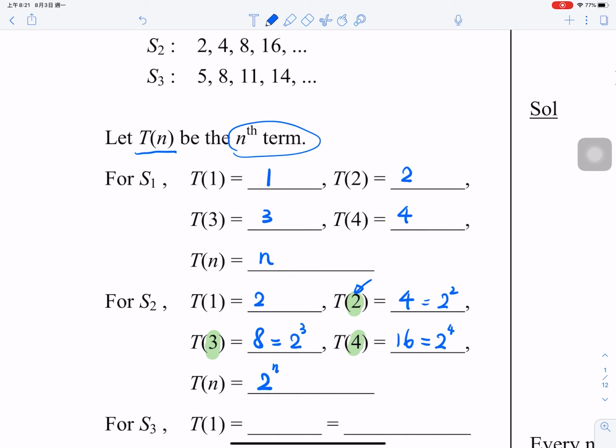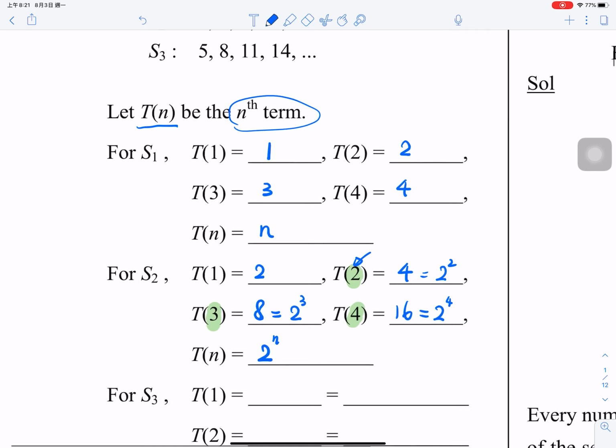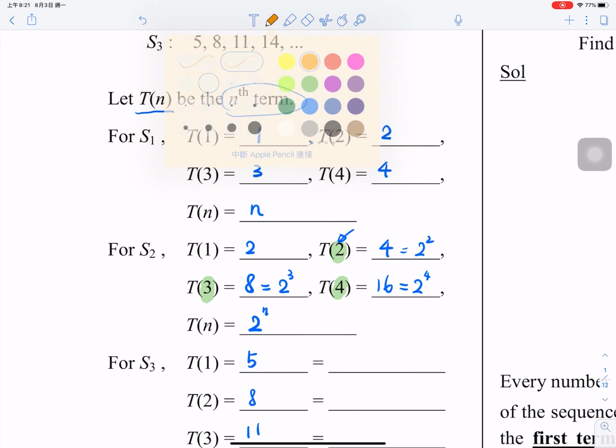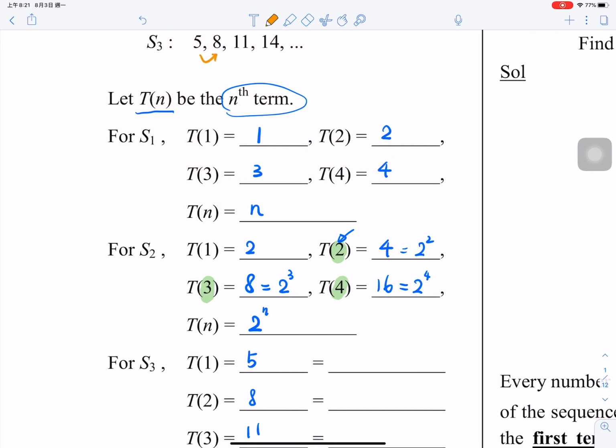Okay, let's see. How about S3? We know that the first term is 5, second term is 8, third term 11, and you found that this one seems each time plus 3, right? So, do you remember when you were in Form 1? We know that this is related to 3n.